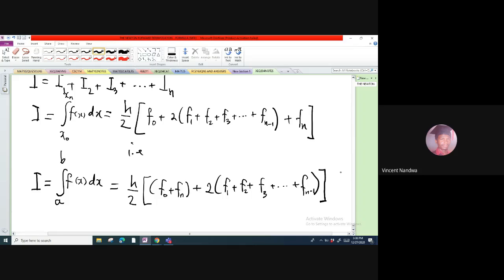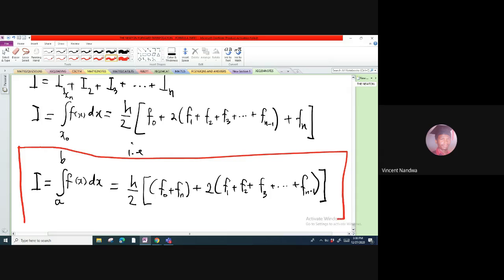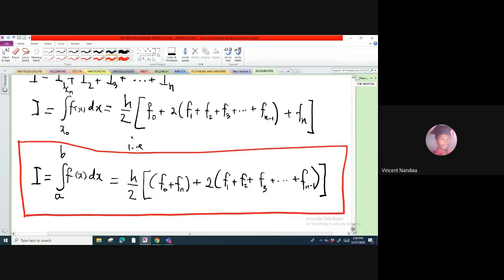So this is what is called the trapezoidal rule. So this is the trapezoidal rule.